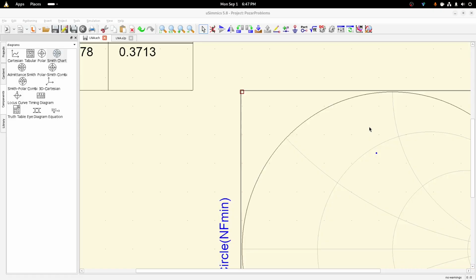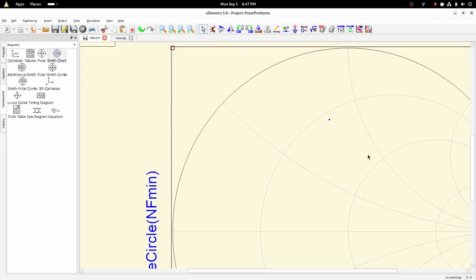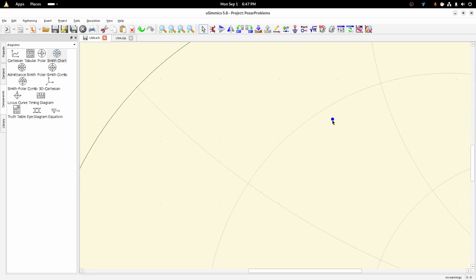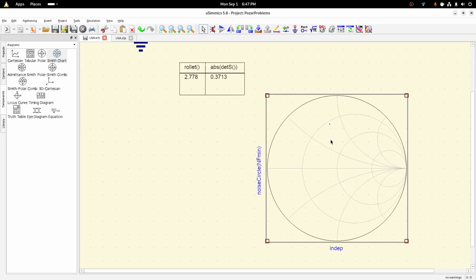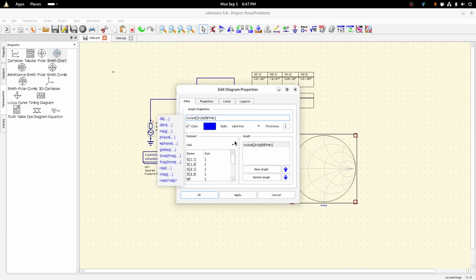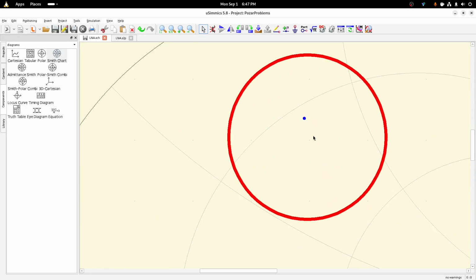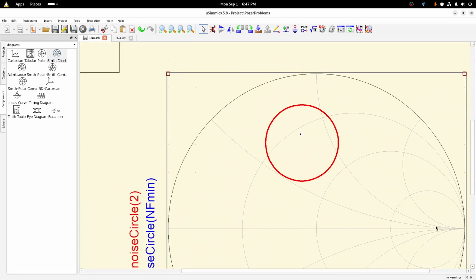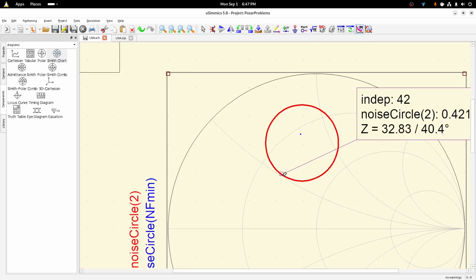The max that it can be is this minuscule little dot there, or it's the smallest circle. So there, and if we do the exact same thing, new graph, put 2 in there. We got a much bigger circle.